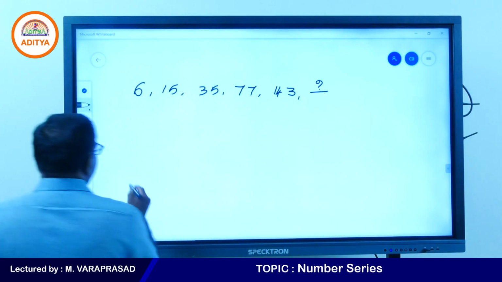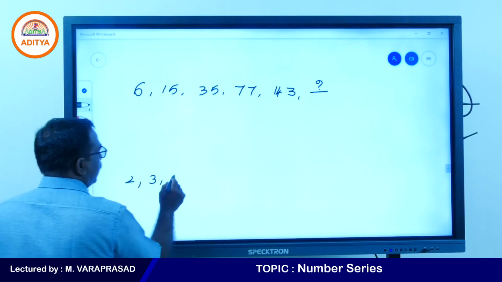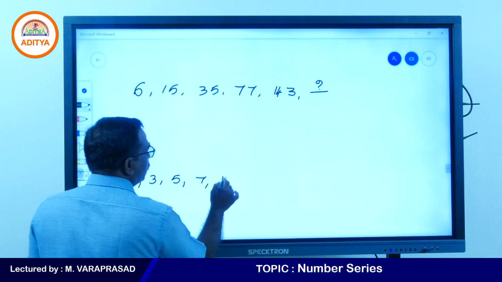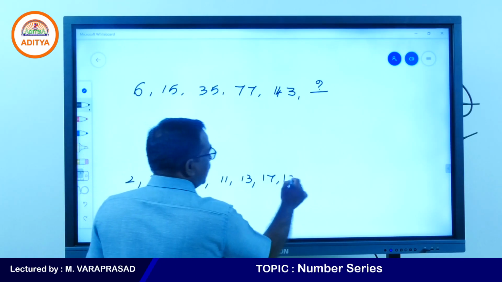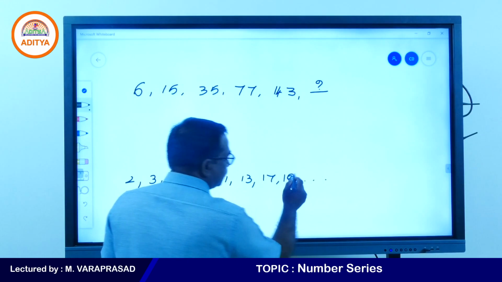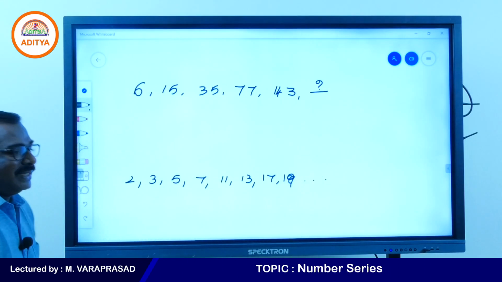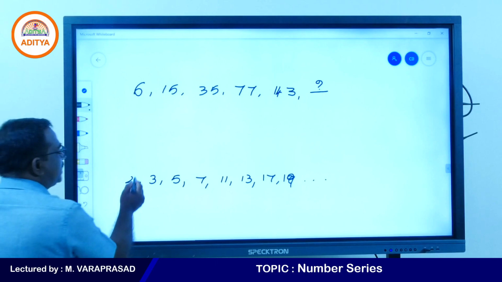So 2 is the first prime number, next prime number 3, next 5, next 7, next 11, next 13, next 17, next 19 and so on. These are the prime numbers. So what is the series given here? 2 times 3 is 6.